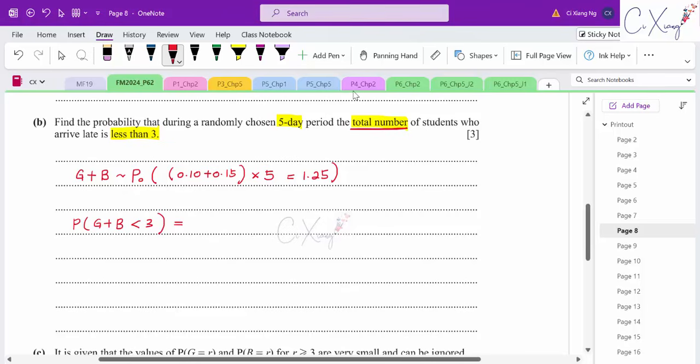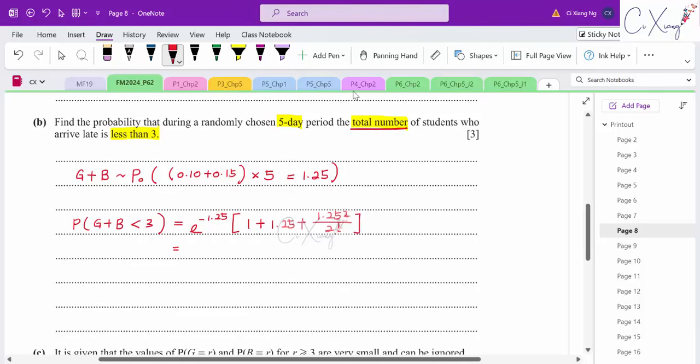So it's less than 3. Again, I will need to include the probability for x equals 0, x equals 1, and also x equals 2, not including the 3. So I will take out e negative lambda first. The x equals 0 term is always a 1. X equals 1 is always lambda. Then x equals 2 will be lambda squared divided by 2 factorial.